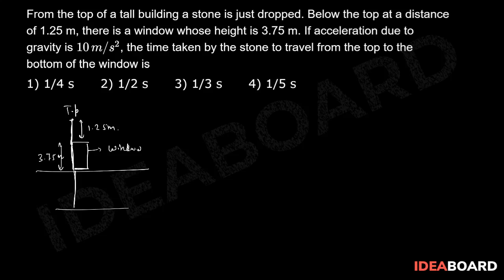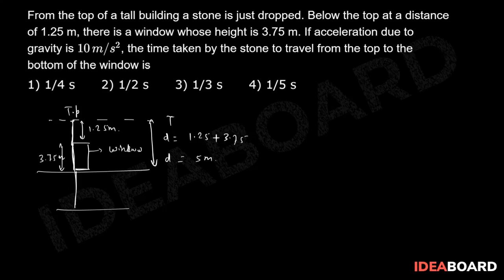So first of all, let us calculate the time of the stone in covering this distance. D is equal to 1.25 plus 3.75. The distance D will be 5 meter. Correct. Let's say total time is capital T. So we can apply S is equal to UT plus half AT square.